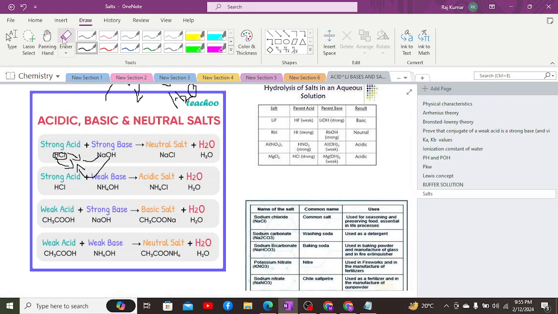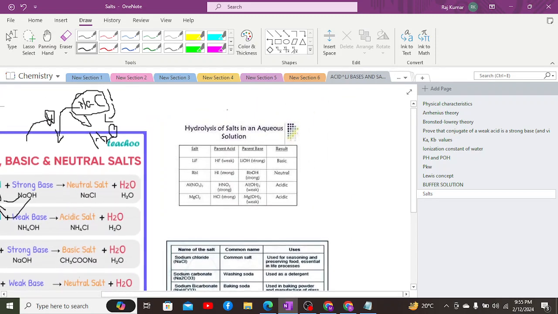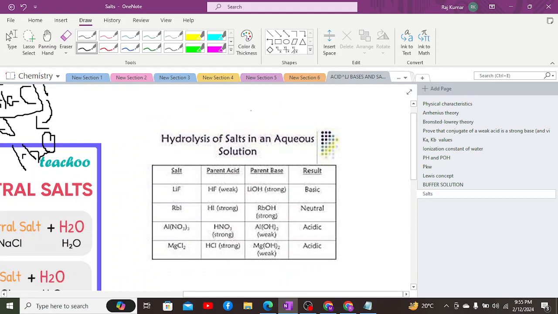Now there comes a reaction in which we cause the reverse of neutralization, such that instead of performing neutralization, we have a process which is the reverse of neutralization, known as the hydrolysis process. If we take NaCl, NaCl is a salt, right?